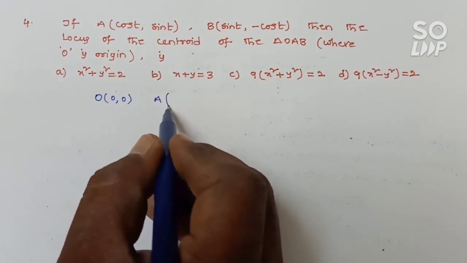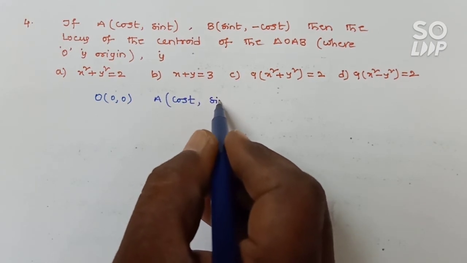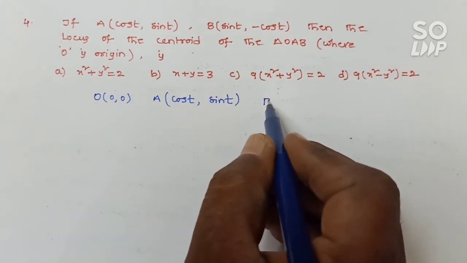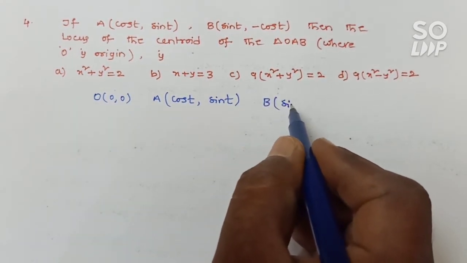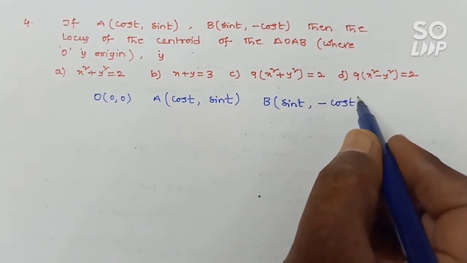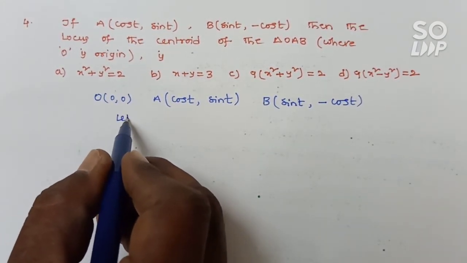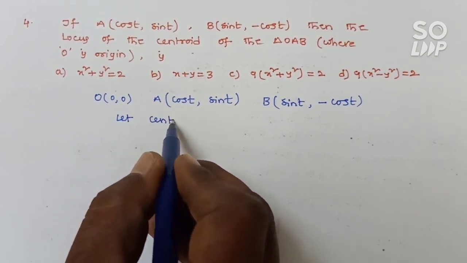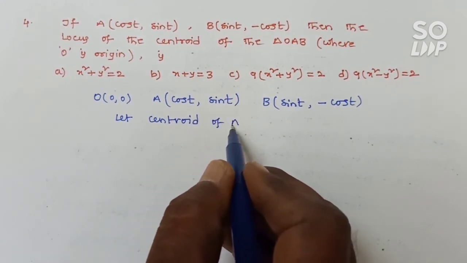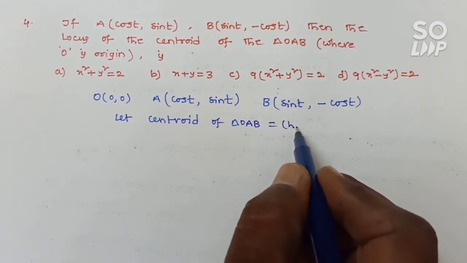What is point A? Cos t, sin t. And B is equal to, what is the point? Sin t, minus cos t. Right? So let us take the centroid of this triangle OAB to be h, k.